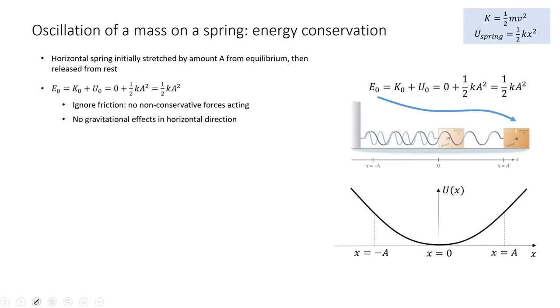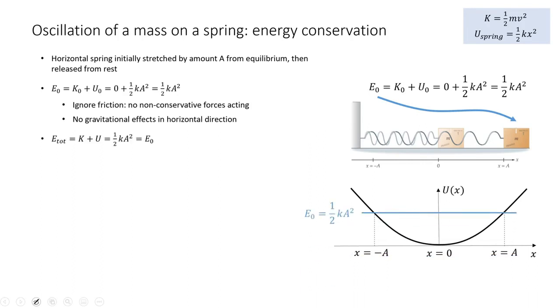Okay, then we know that the total energy has to be equal to the energy at that point in time. If it's at rest, that means there's no initial kinetic energy. So our total energy is just going to be the potential energy at that point in time. And the potential energy due to a spring is 1/2 kA squared. And so that tells me that my total energy is going to be 1/2 kA squared.